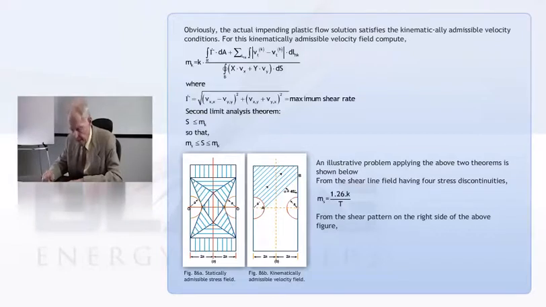I'm going to take that top part that's crosshatched and say the velocity is going to move up parallel to the shear line AB. So it's just simply shearing on one plane, and everything below stays fixed.